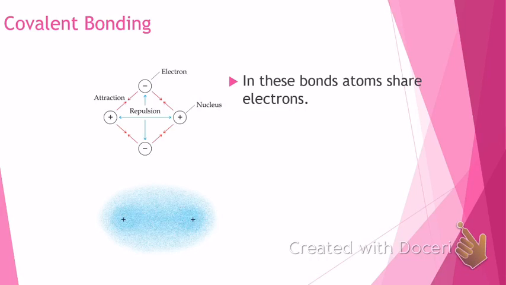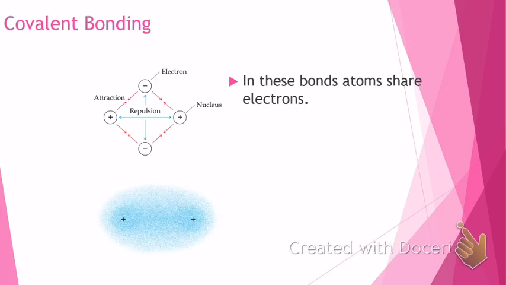What you're going to see is that we do have electrostatic interaction. The nuclei of each of these atoms are positively charged due to the protons, and the electron clouds are negatively charged due to the electrons.